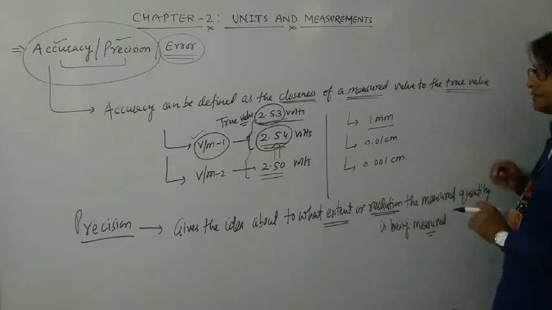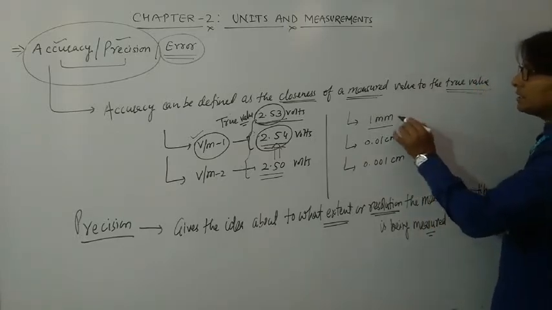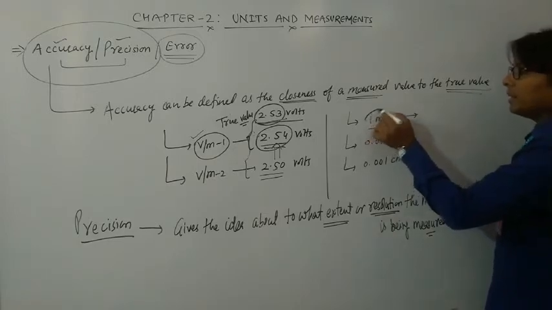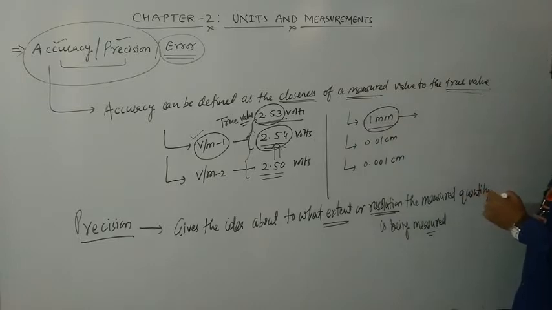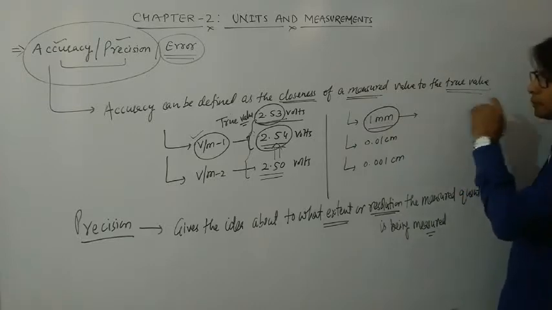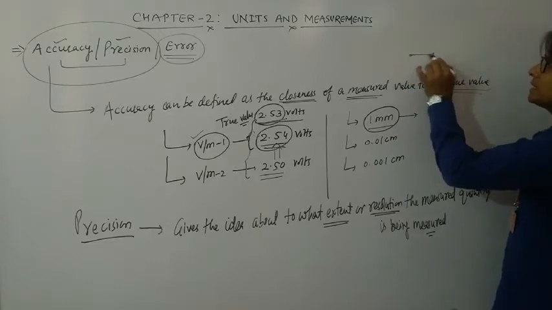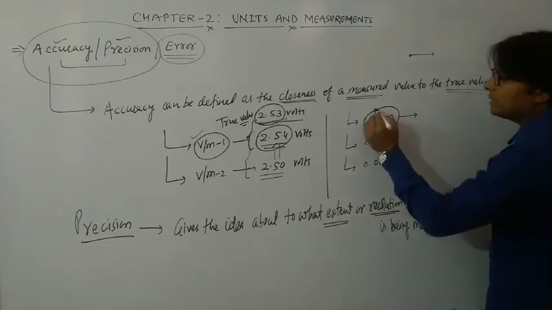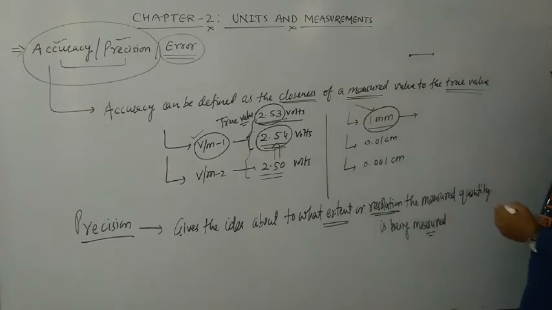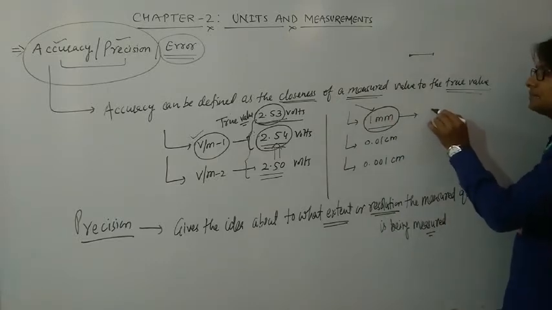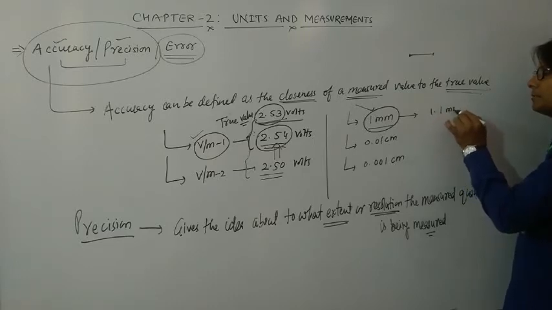Now we can measure the length up to 1 mm correctness, we can say, or suppose I am measuring the length between 2 points. While using this meter scale, suppose the length is measured as 1.1 mm.